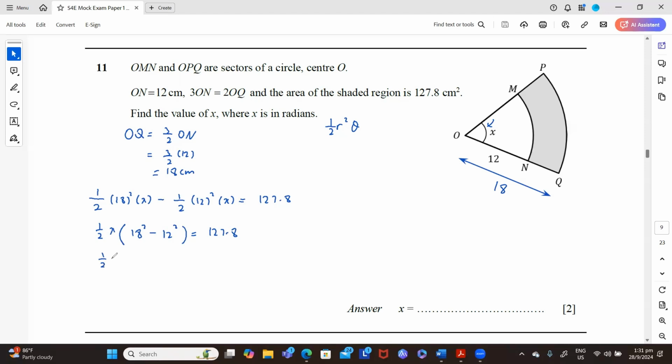So half x, 18 square minus 12 square is actually 180. So it's just 90x equals 1278. X is therefore 1.42 radian.